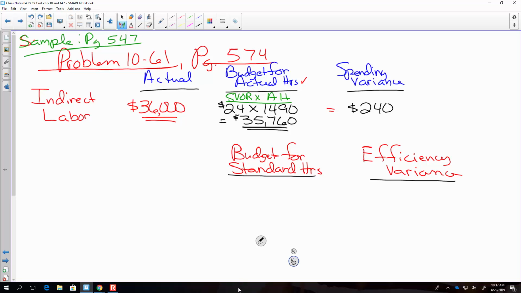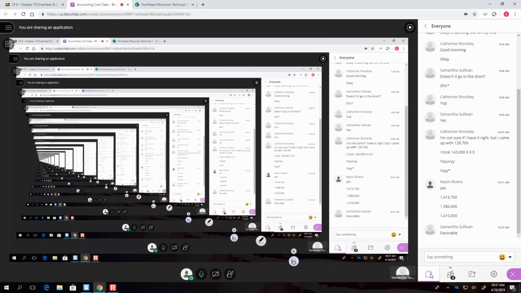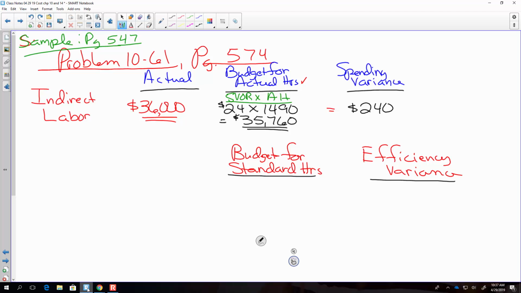Sam at home, on the spending variance here, is it favorable or unfavorable? Look again at the numbers. I think it's the other direction. I think I spent more, right? Yeah, I spent more than I planned to spend or should have spent.